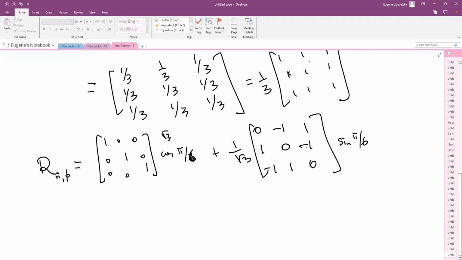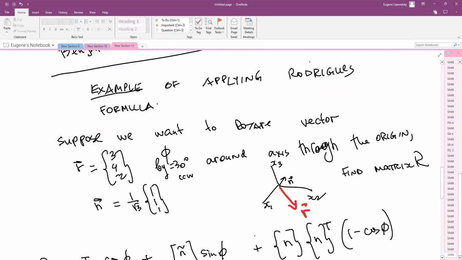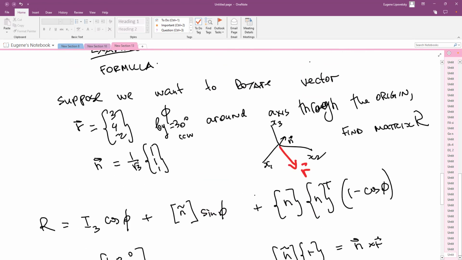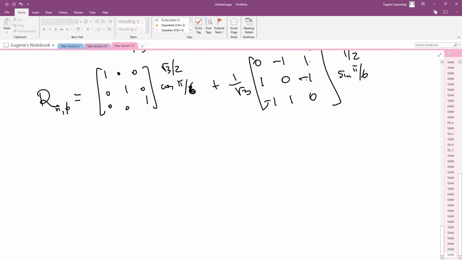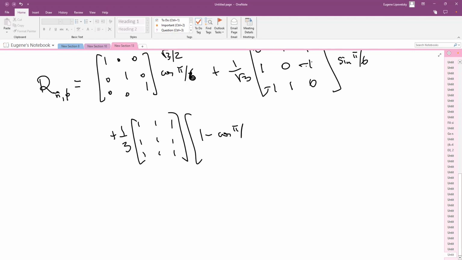That's √3/2, and that's 1/2. And plus the last one, which is 1/3 times the matrix of all ones, times 1 minus cos of pi over 6.